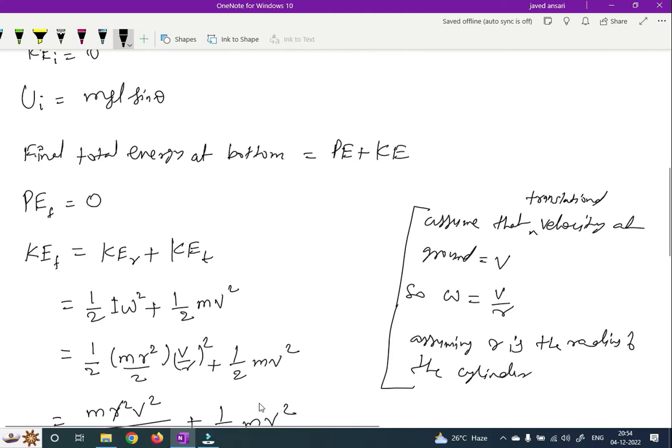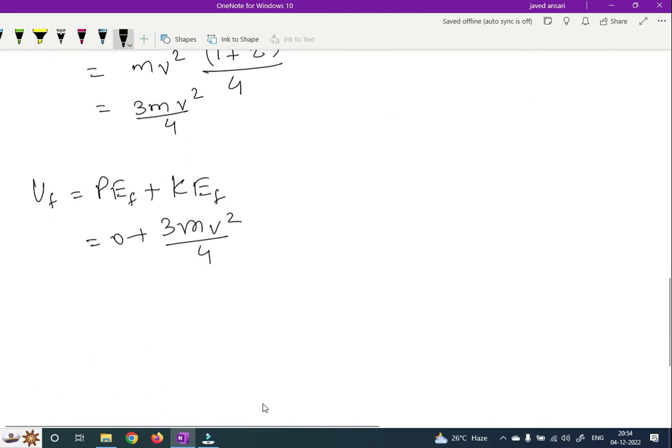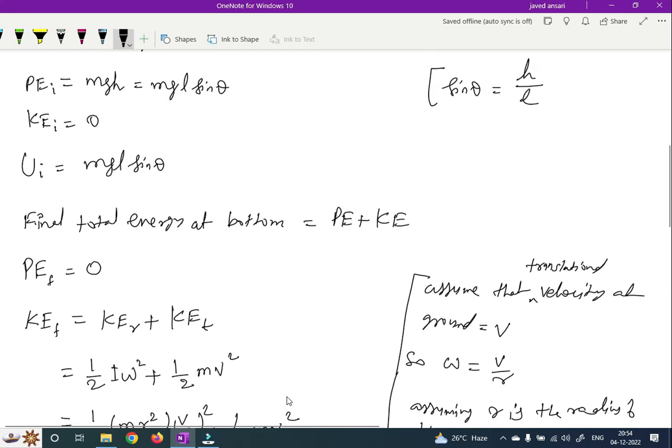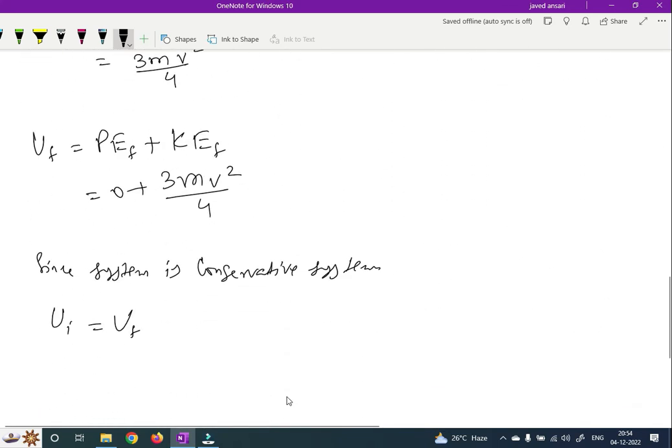Now from the principle of conservation of energy, since it is a conservative system, all forces being conservative forces here, apply conservation of energy. Ui will equal UF, and Ui we already found as mgL sine theta.